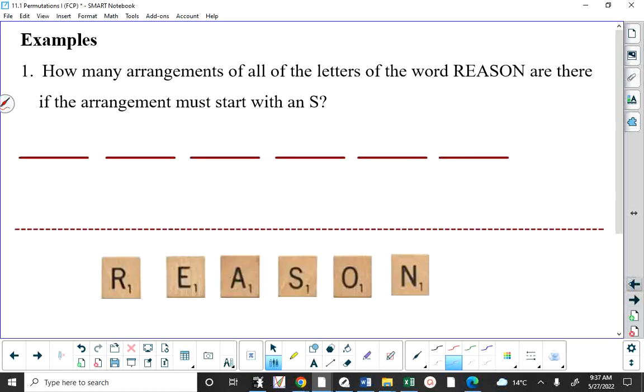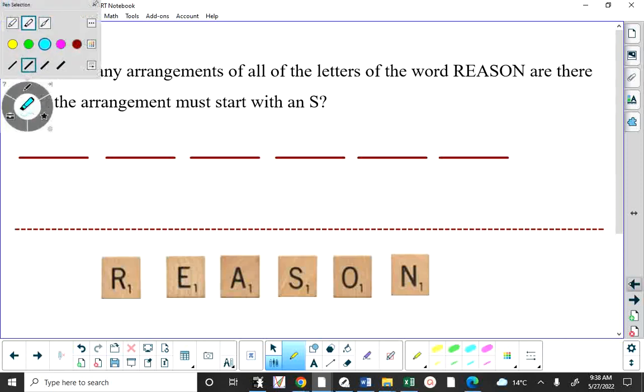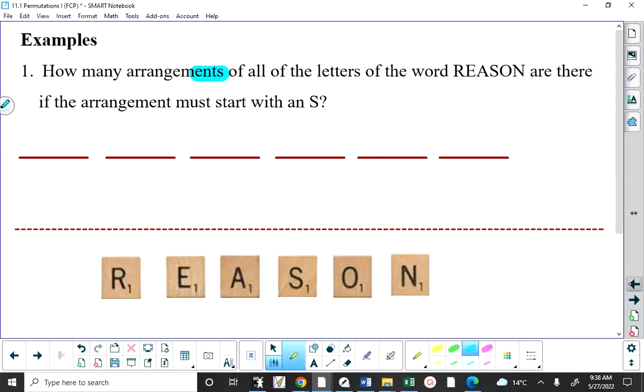But all right, let's take a look now at some problems. As many examples as we're going to do together, there are thousands of different examples. It just has to be something you get used to thinking about. If I take all of the letters from the word reason and I arrange them, I want to draw your attention to the fact that arrangement means ordering stuff.